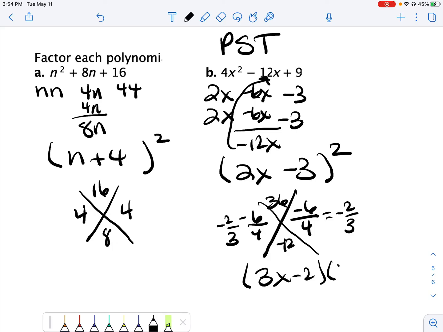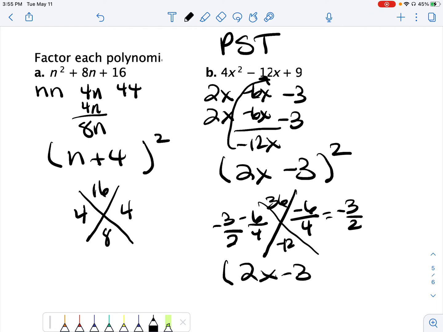Oh, sorry, I wrote that wrong. Take that back. Not 2/3, 3/2. Then you would write your problem as 2x minus 3 times 2x minus 3, which is the same answer here. And if you can recognize it as a perfect square trinomial, it'll be a little bit quicker.